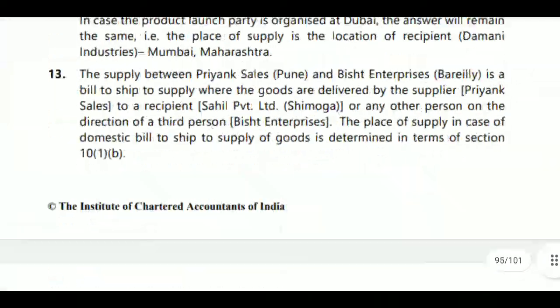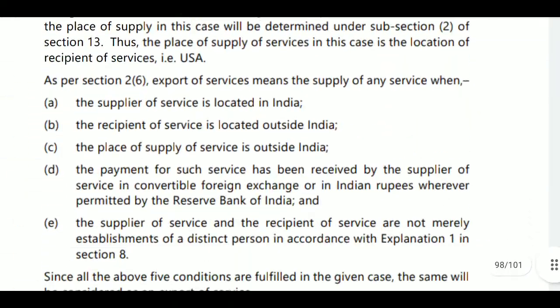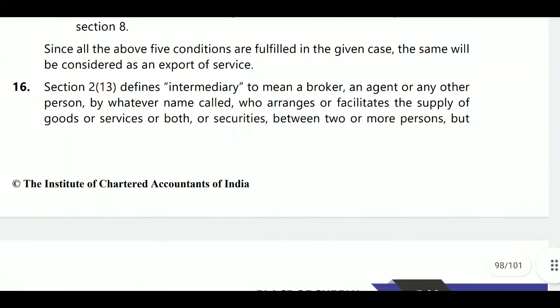Next, the answer will be the 16th answer. What is there in the 16th answer? Section 2 clause 13 defines intermediary, that is, we are an intermediary because we are providing just support services.